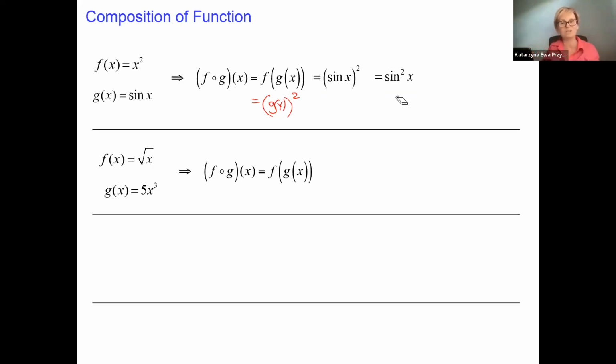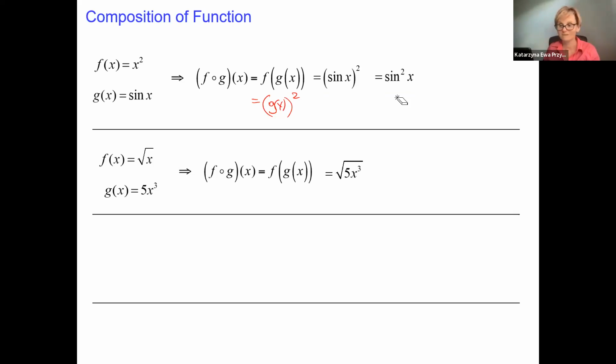We want a new function inside the square root. The composition will be, I hope somebody's typing, square root of g of x. Yes, thank you, Craig. Square root of 5x cubed. Yes, cubed.